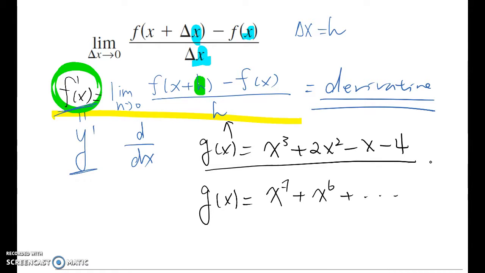Then what about this case, where the power is more than second degree? We don't want to apply the definition formula, which means we may need another formula.